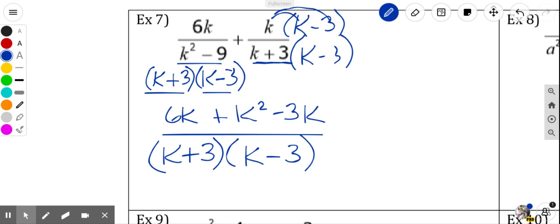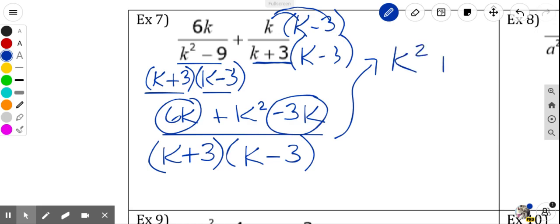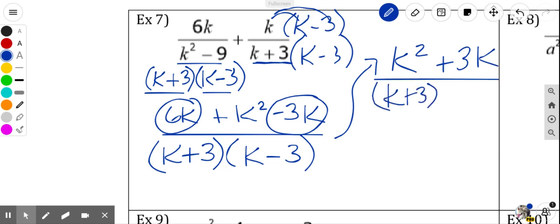We want the top to be in standard form. So actually, I'll just rewrite it over here. So the top, we can actually combine the 6k and the negative 3k. That would be 3k. So the top becomes k squared plus 3k over k plus 3, k minus 3. Okay, the top actually can be factored. We can take out a k, right? They have a k in common.